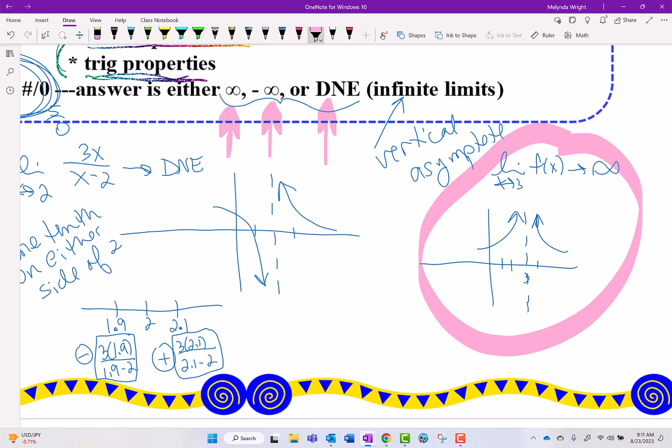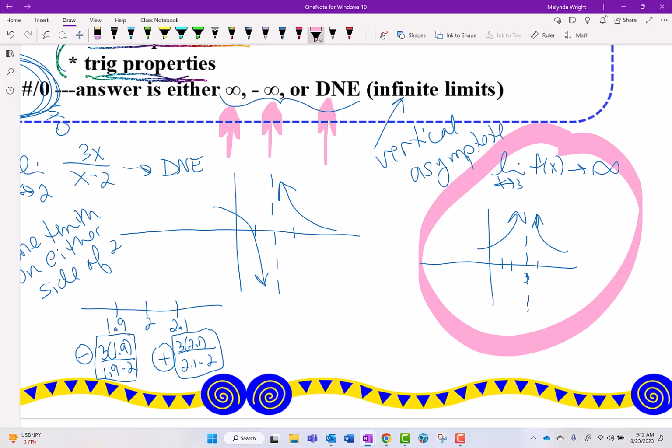If you get a number over 0, you're just done. There's nothing I can do to change the way this is going to be. I need to go to my 1/10 on either side. I understand this is probably the craziest one because there's no algebra that I'm doing.